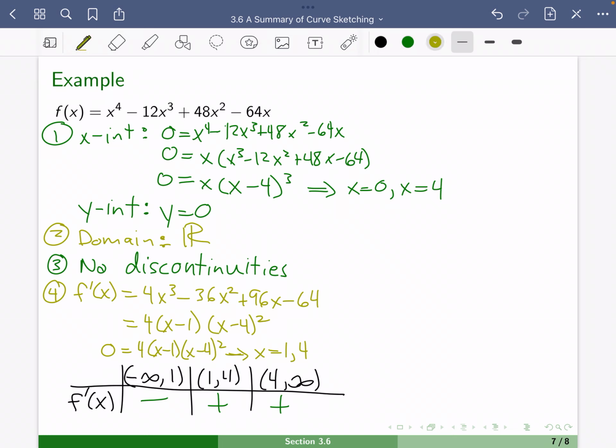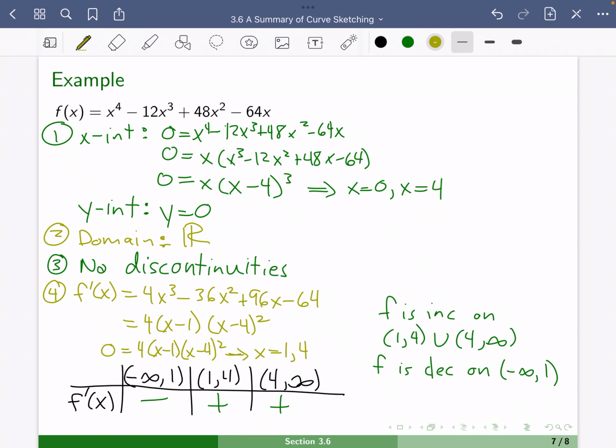So what does that tell us about our function? f is increasing on the interval from 1 to 4, along with 4 to infinity, and it is decreasing on the interval from negative infinity to 1.